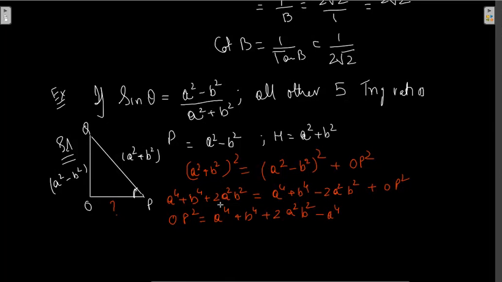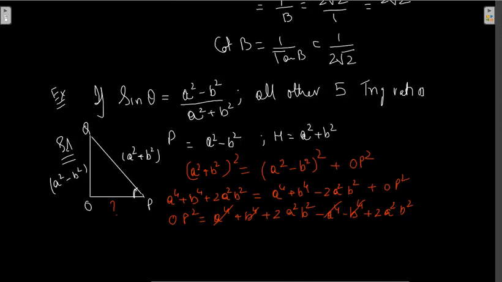When b4 goes to the other side, it becomes negative b4. Similarly, when minus 2a square b square goes to the other side, it becomes plus 2a square b square. So this positive a4 and minus a raised to the power 4 will cancel out, and b raised to the power 4 will cancel out with this minus b raised to the power 4.